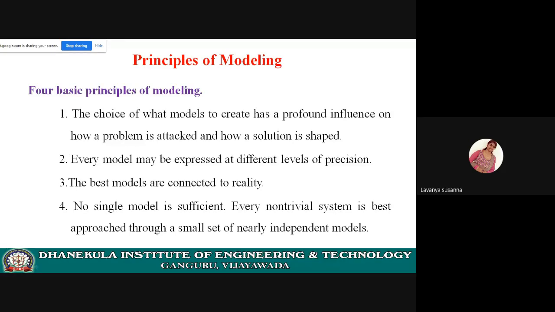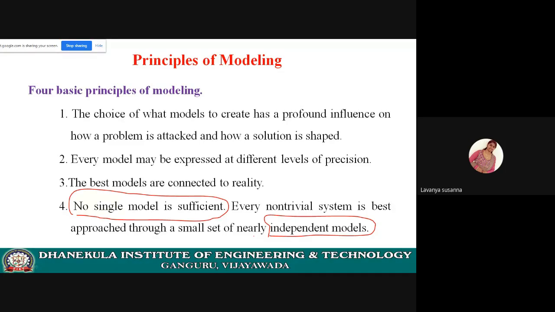Third one. Next, fourth one. No single model is sufficient. You will use different independent models. For example, while constructing a building, there will be different plans, just like a floor plan, an electrical plan, an elevation plan.